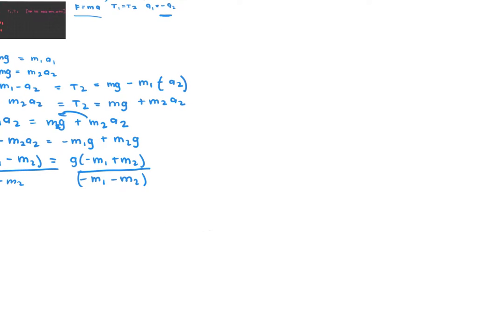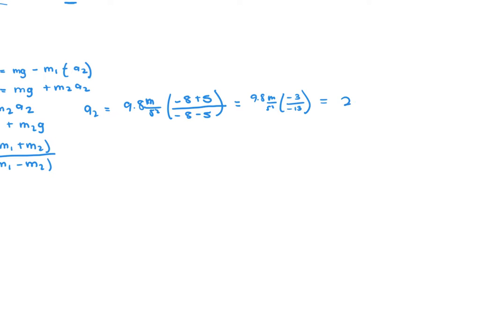Putting that in terms of the question, a2 equals gravity, which is 9.8 meters per second squared, times negative 8 plus 5 over negative 8 minus 5, which equals 9.8 meters per second squared times negative 3 over negative 13, which when we show the work for that, the answer is going to give us 2.26 meters per second squared equals A2.